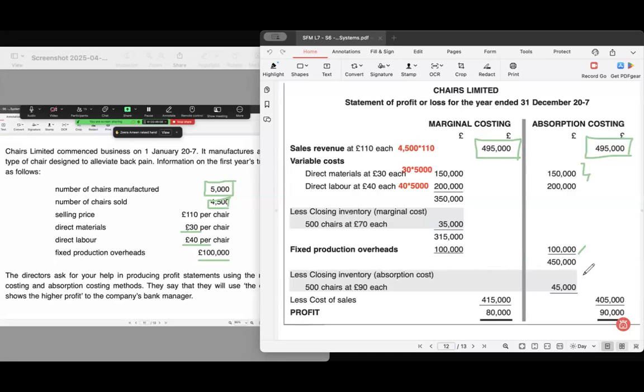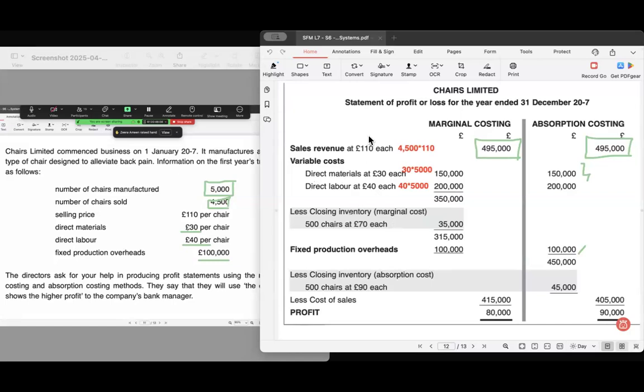Now we need to remove the inventory, the closing inventory, meaning how much of the chairs are remaining, right? Although the selling price is 110, we need to find the cost of the product first.